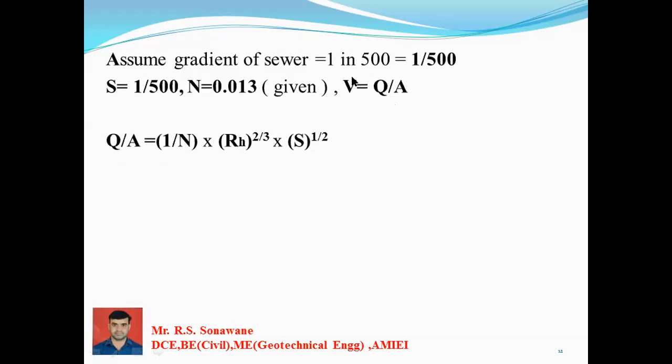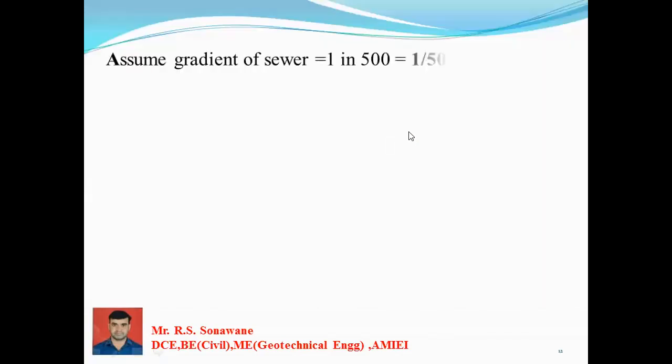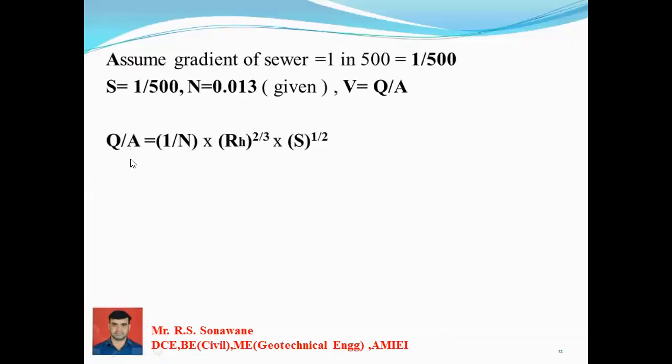Actually we have to put all the values in the Manning formula. The Manning formula here is V is equal to Q upon A, that is equal to 1 upon N into R_H raised to 2 by 3 into S raised to the 1 by 2. Therefore Q is equal to A into 1 upon N into R_H raised to the 2 by 3 into S raised to 1 by 2.